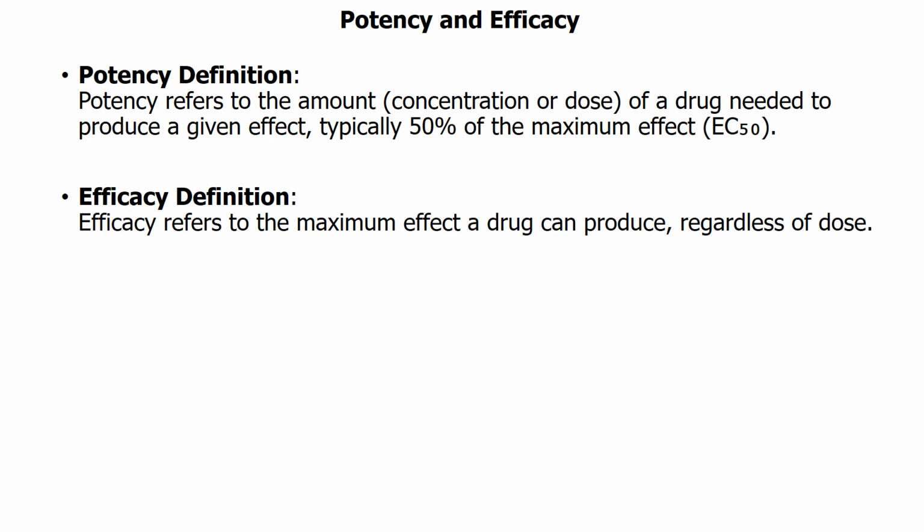Potency refers to the amount of drug needed to produce a given effect, typically 50% of the maximum effect. While efficacy, on the other hand, refers to the maximum effect a drug can produce regardless of the dose.